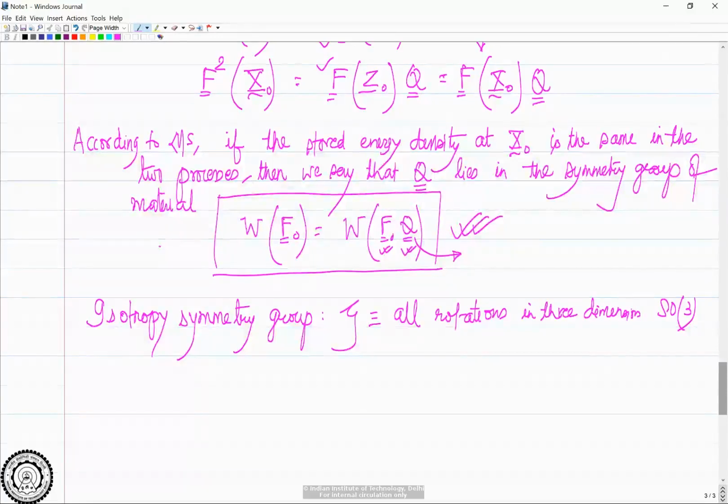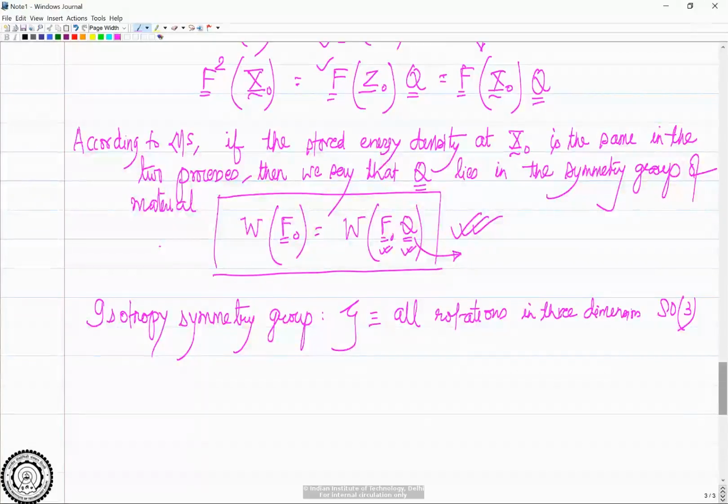Yes, exactly. So this statement is for that particular x naught only. Symmetry group varies from point to point. Through this process, we find the symmetry group only for that x naught. If you want the symmetry group at some other point, you have to rotate the body about that particular point.